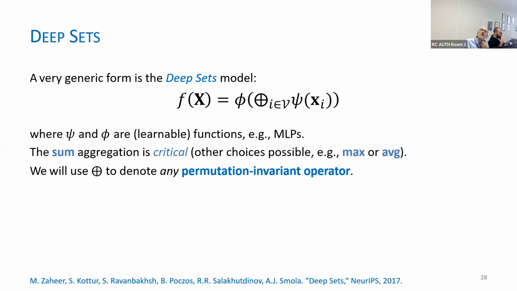More in general, we can have a permutation invariant operator, which is represented with this symbol here. This is any permutation invariant operator that we can use, so we are not forced to use the summation operation.